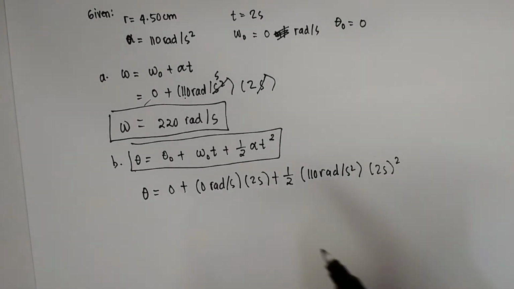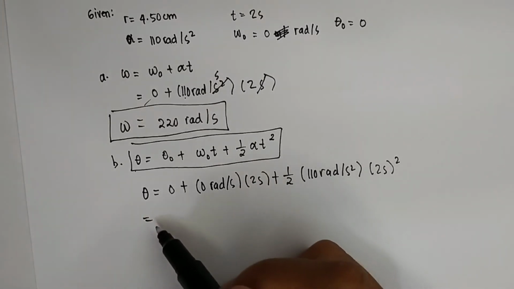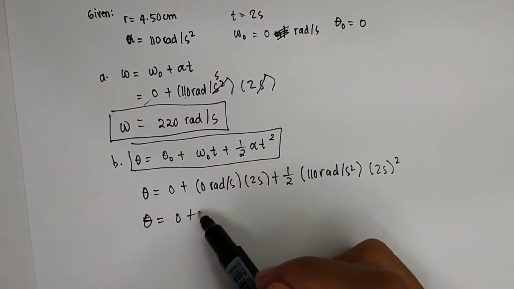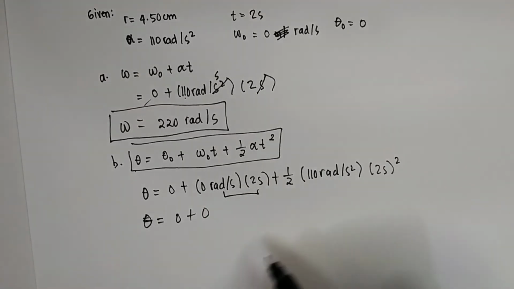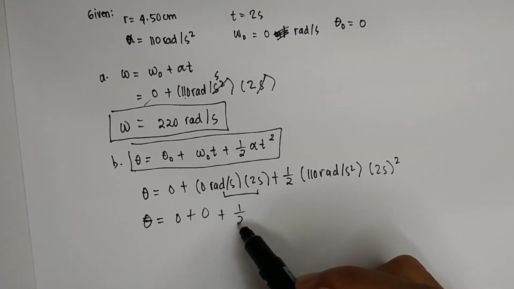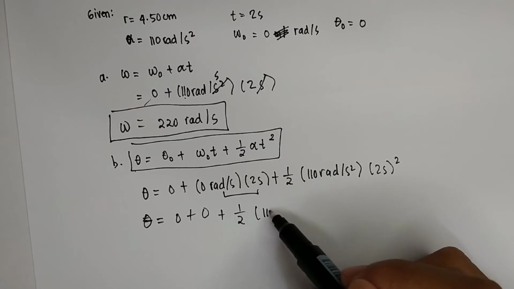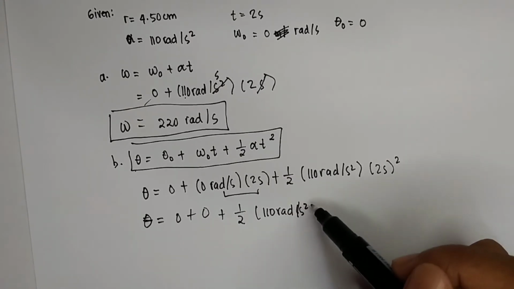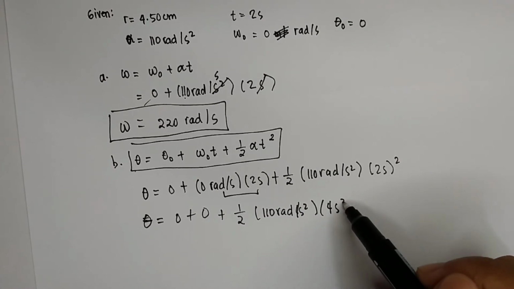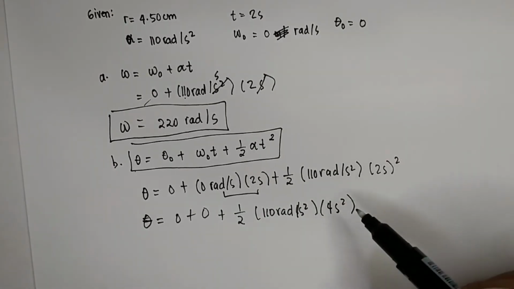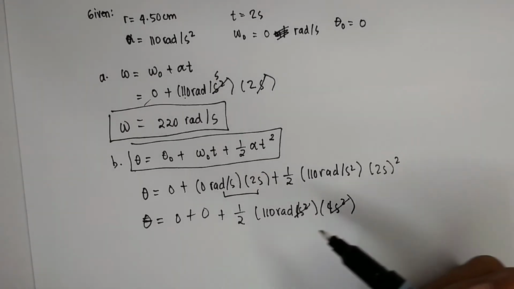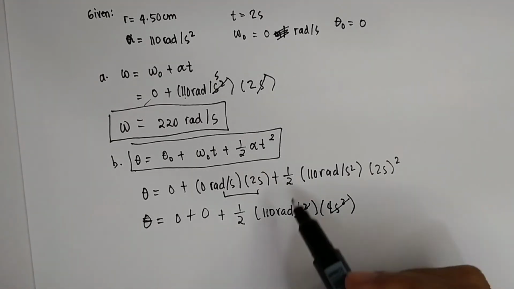Now theta is equal to 0 plus 0 since this is equal to 0, plus 1 half times 110 rad per second squared times 4 second squared. We have second squared and second squared, so they cancel out.